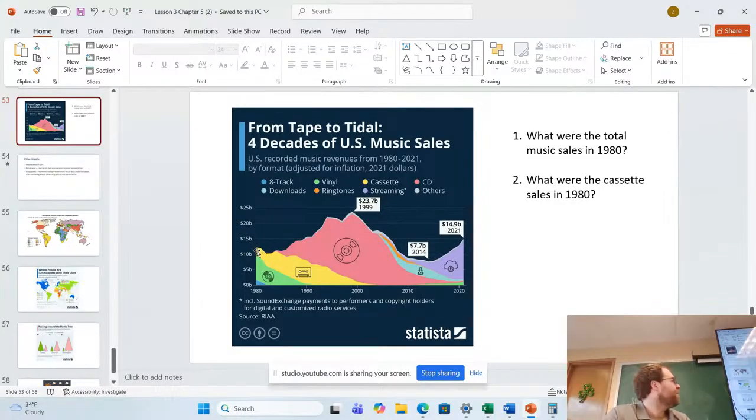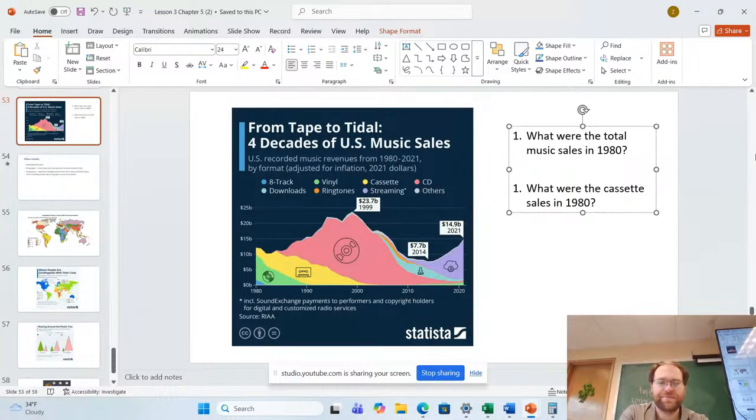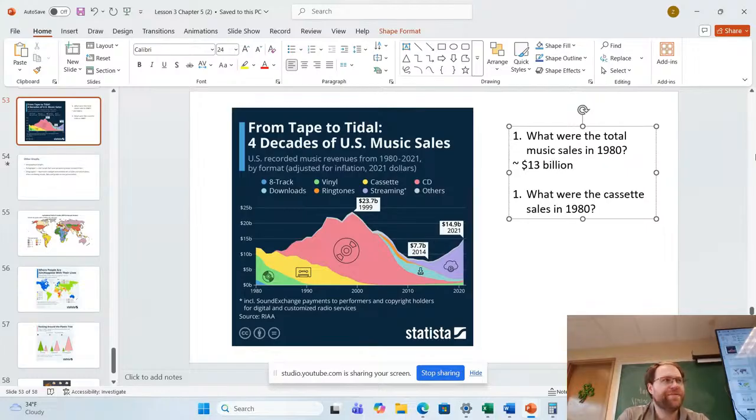So we're going to the highest point on the graph in 1980, over to the Y value. So somewhere in between 10 and 15 billion is what we would need for that. So I'm just going to say about 13 billion.